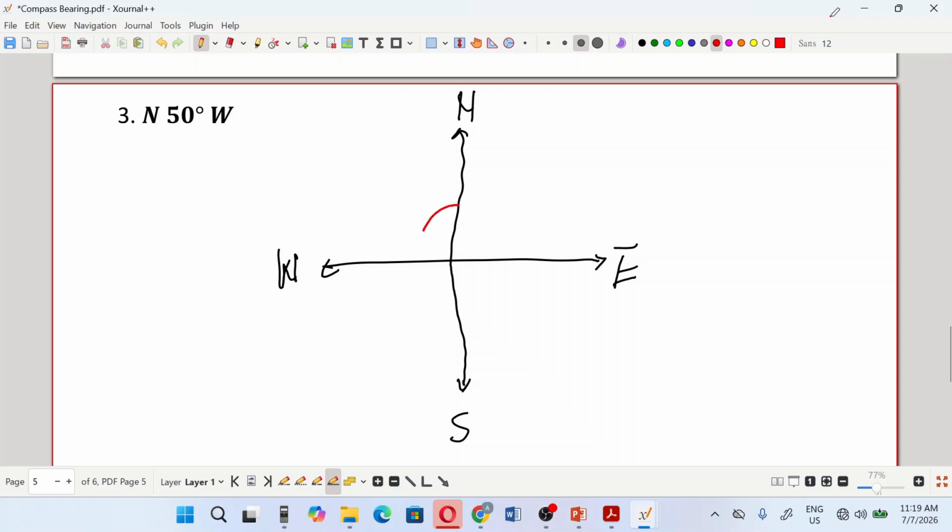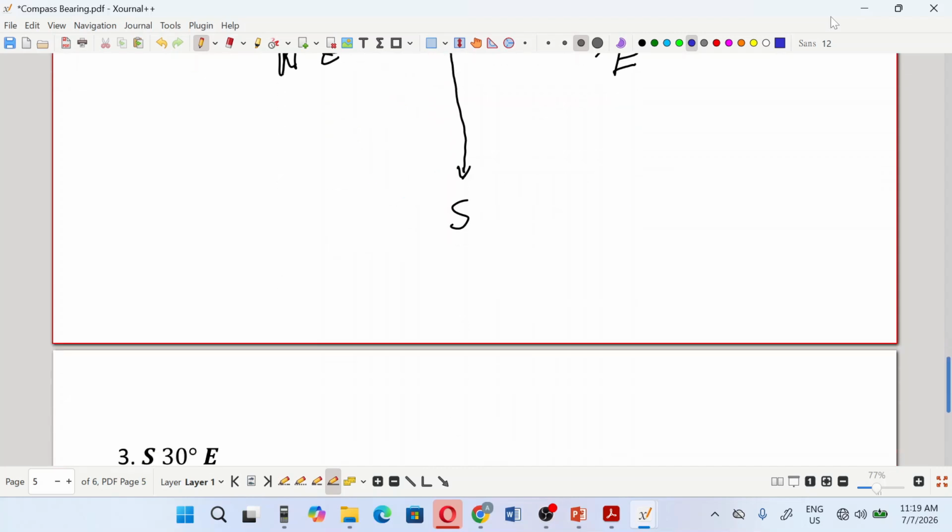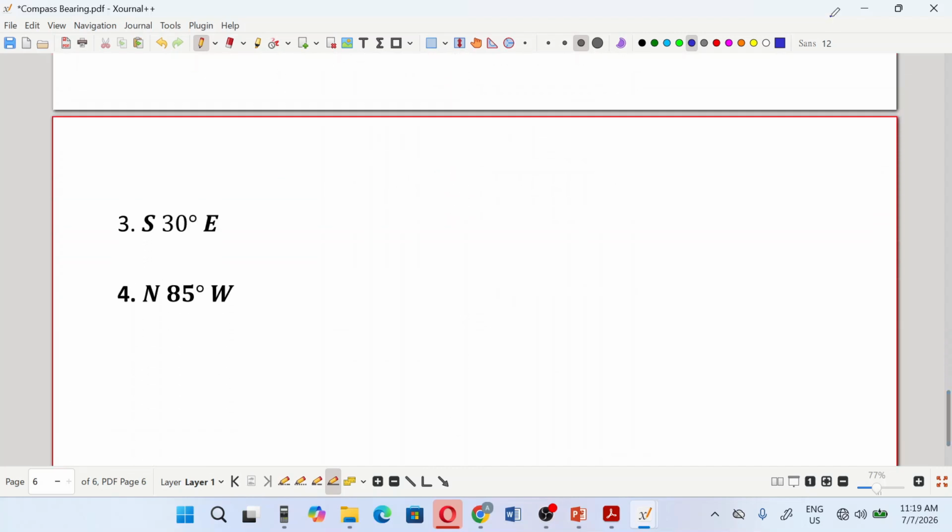So I move, okay, this is more than half. I estimate, and then I show with my arrow. So this is going to be my 50 degrees, right? And remember, numbers 3 and 4 are for you to try, right? So go ahead and try this.